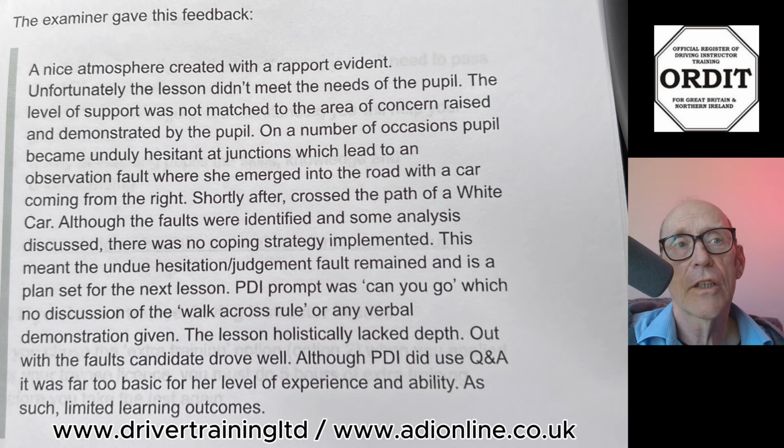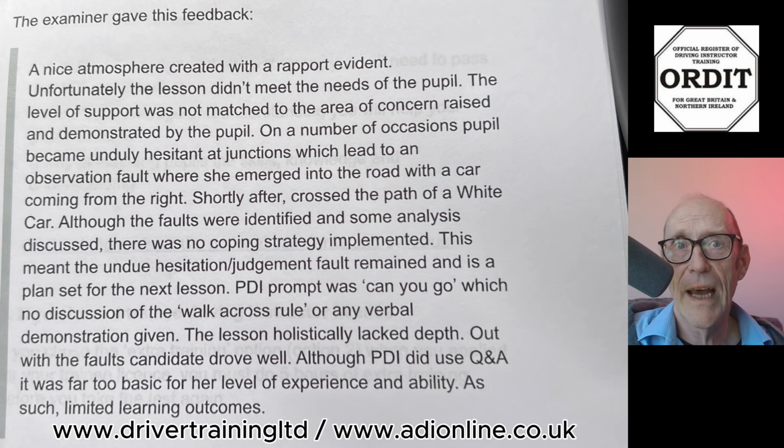It says, on a number of occasions, the pupil became unduly hesitant at junctions, which led to an observation fault where she emerged into the road with a car coming from the right. Shortly after, she crossed the path of a white car. If we stop there, undue hesitation at junctions, taking too long, not spotting the right gap.